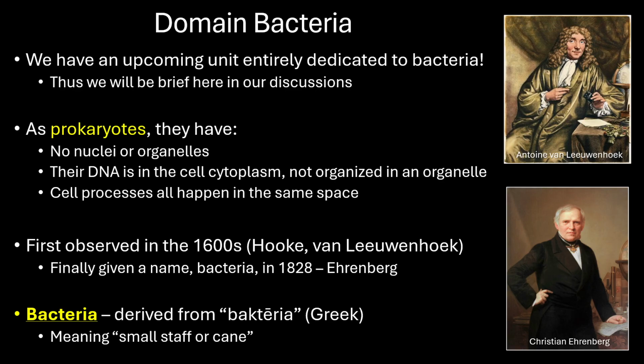There wasn't really enough known to help distinguish these major groups at this time, and Leeuwenhoek mainly called all of these groups animalcules for quite some time. But eventually, about 200 years later, they were actually given the name bacteria. Okay, and this is a word in Greek that's derived from a word that means small staff or cane, said the same way.